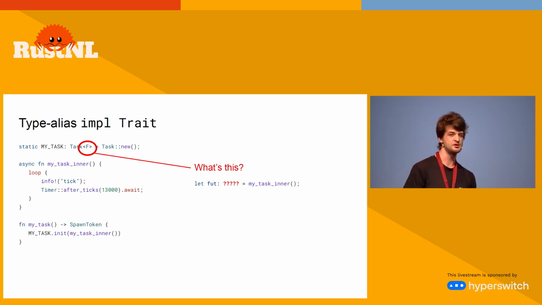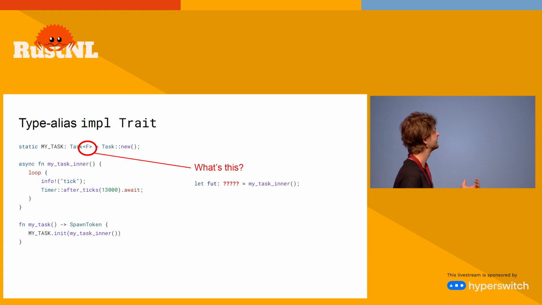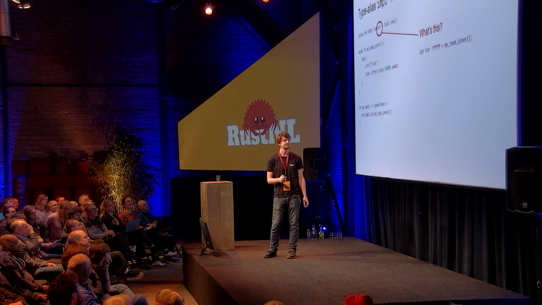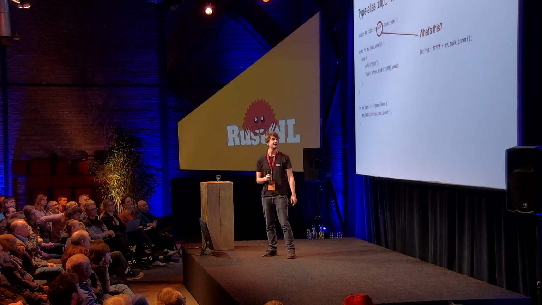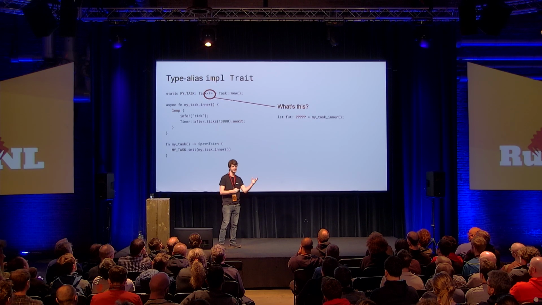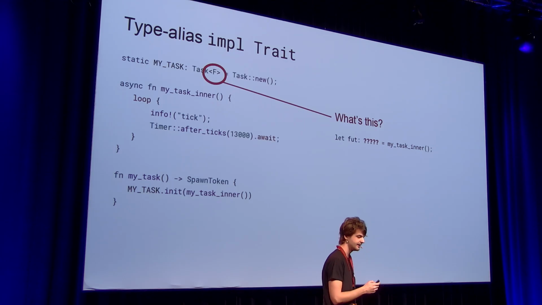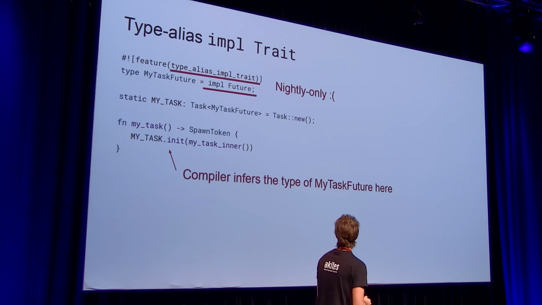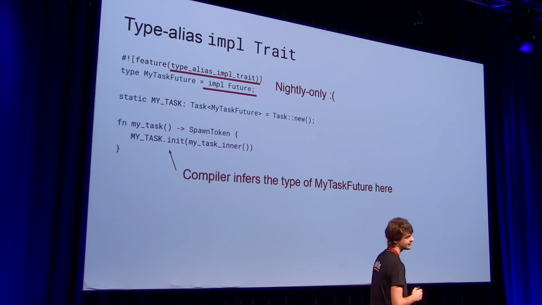It implements the Future trait, but the actual type of it is a magic type that's not nameable. And in Rust, there is no type inference in statics. So you have to name the full type of the task future in the static. How do you do this? By using nightly-only features: type alias impl trait.